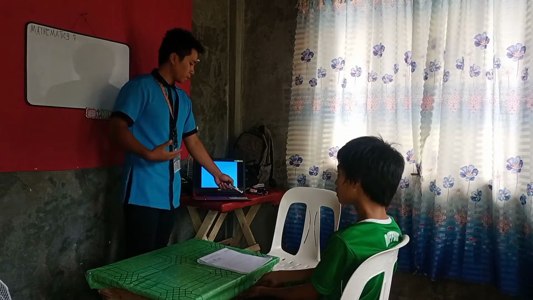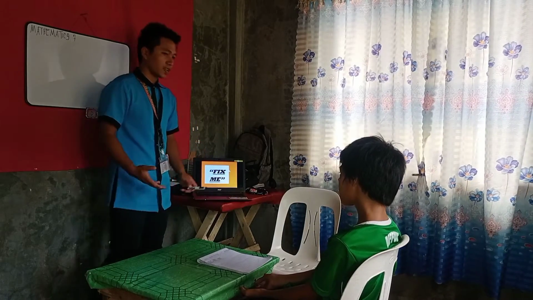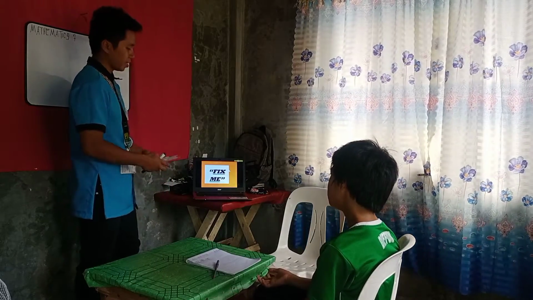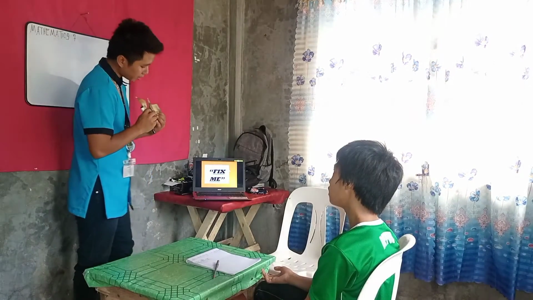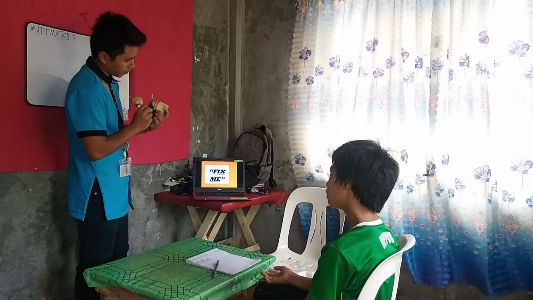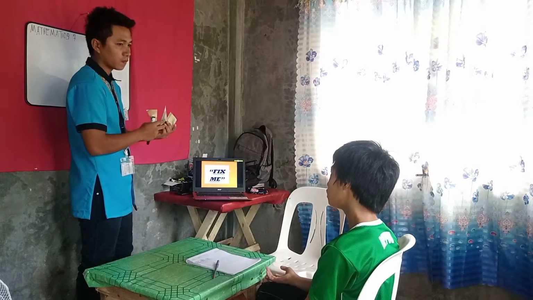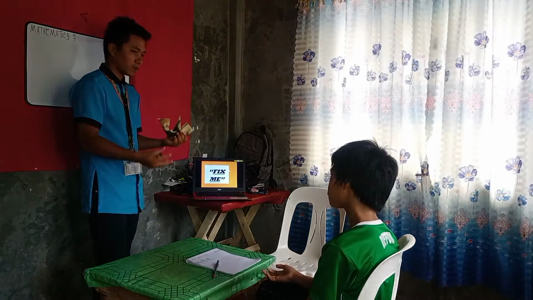So, before we proceed to our main topic, let us have an activity. This activity is Fix Me. Bakit? Kasi I have here a puzzle, 3 pieces of paper. You are going to fix them to form a figure, parang isang jigsaw puzzle, right?